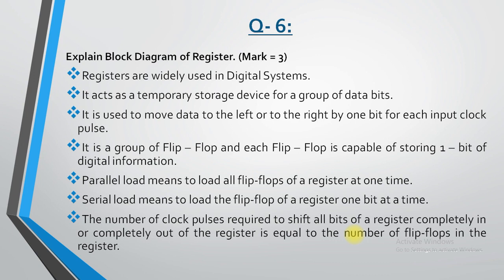Yes or no? Now see, what is the use of an attendance register? It is used for taking the attendance of a group of students. So a register is the same as our attendance register available at the college.